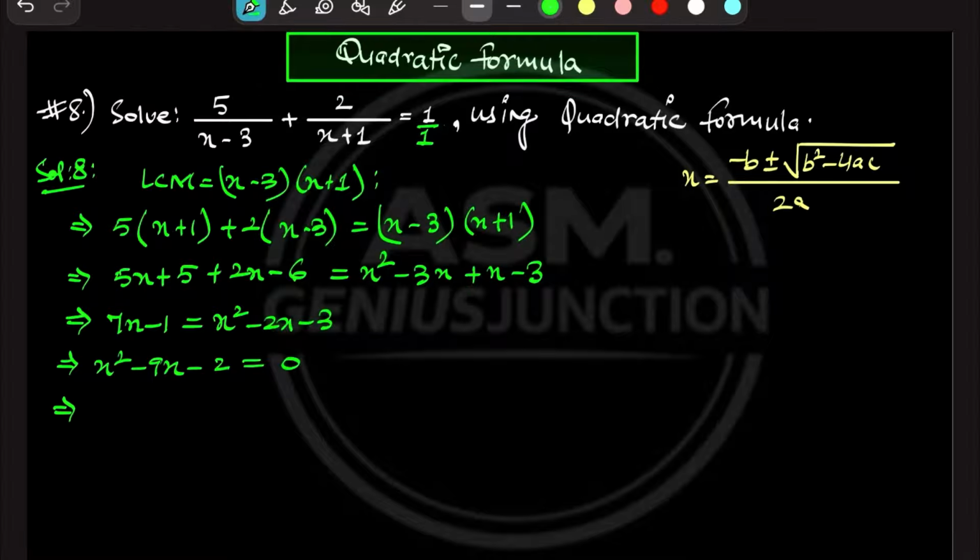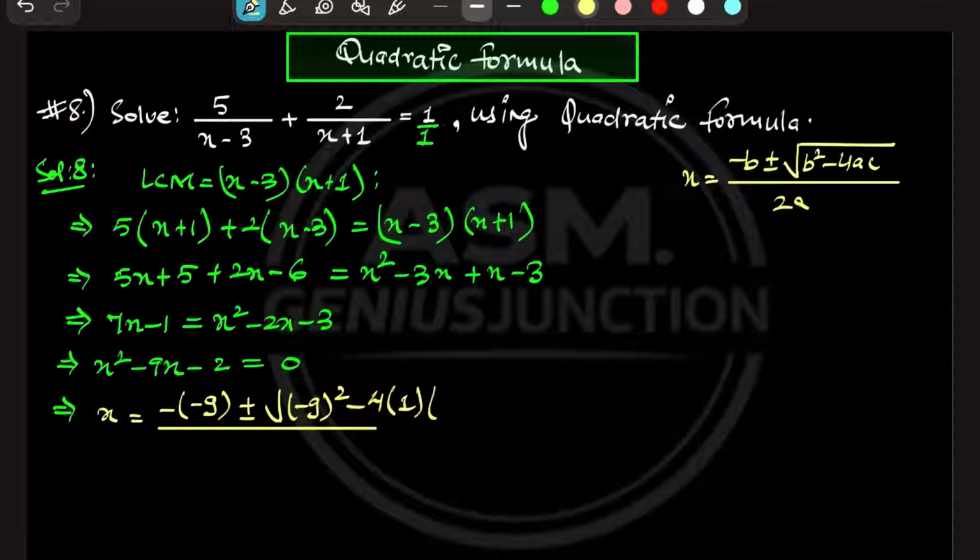Let's move on to the solution of this quadratic equation by the quadratic formula. So from this step onwards, let's use this. So x equals, divided by, minus b. So minus b is minus 9 plus minus under root b square, that is minus 9 whole square, minus 4 times a, that is 1, and c, which is minus 2.